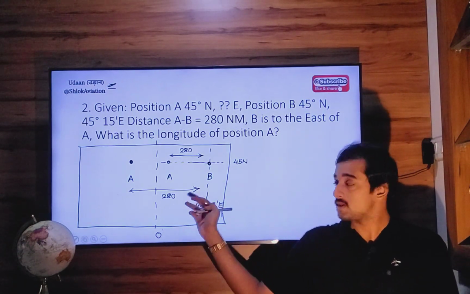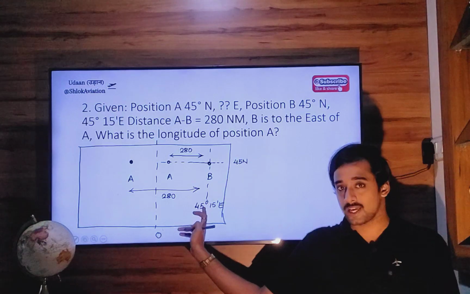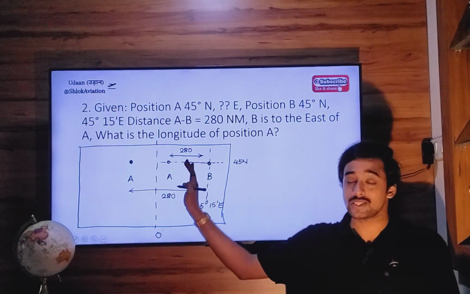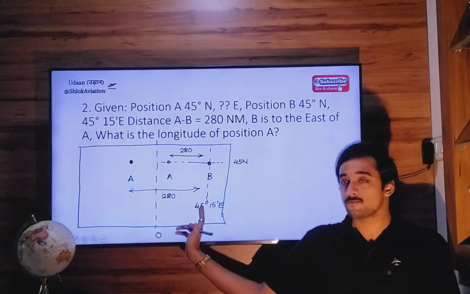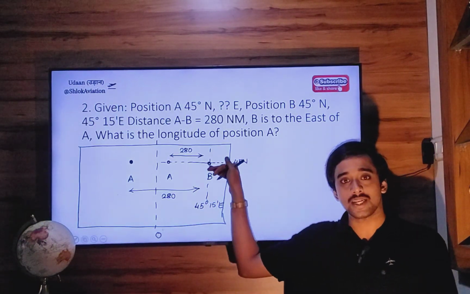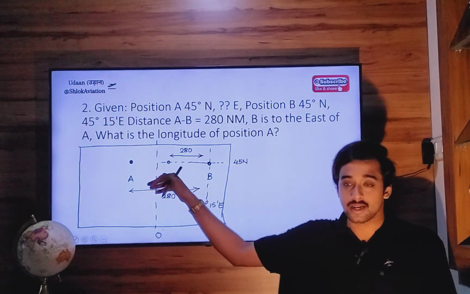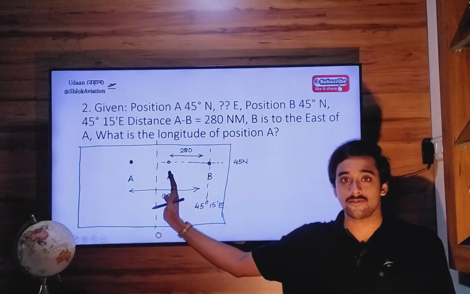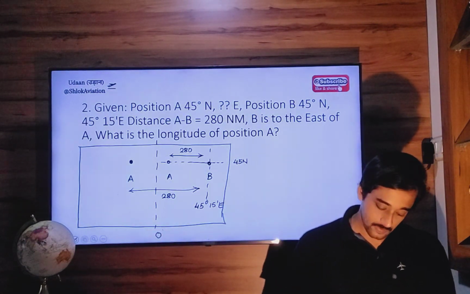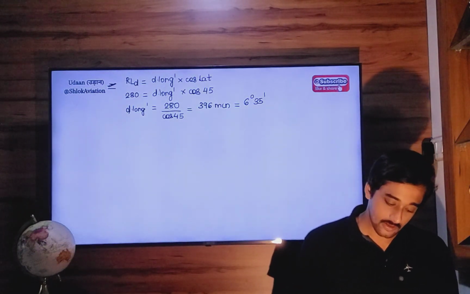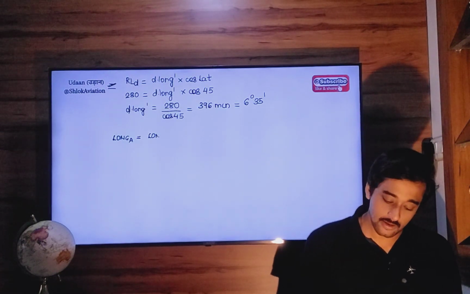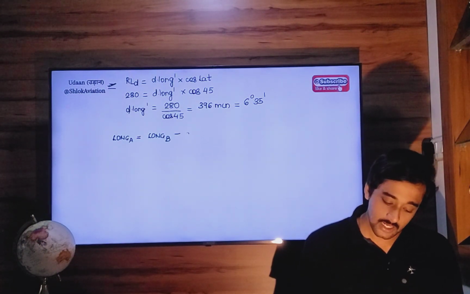Alpha is to the west of Bravo, so we will have to subtract that d long value from this value, because going westerly, the longitudinal values will decrease: 45, 40, 35, 30, and so on up to the prime meridian. So longitude of A will be equal to longitude of B minus d long.